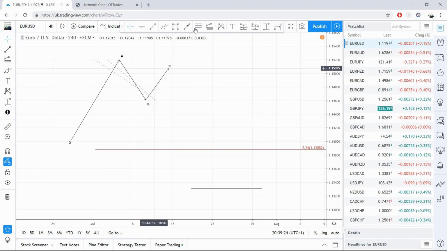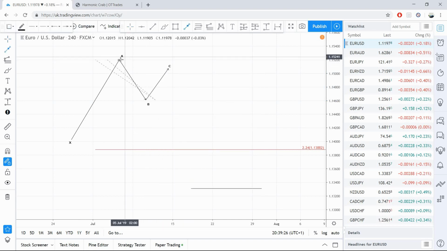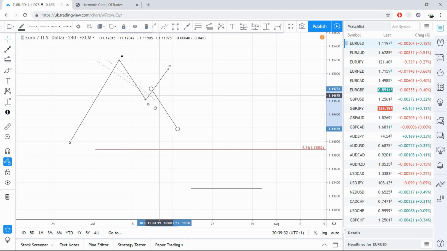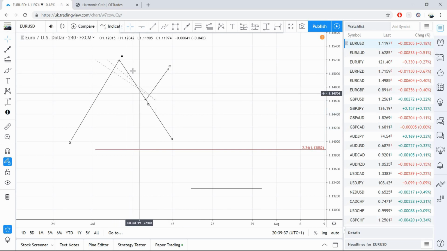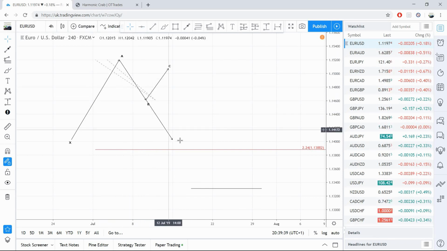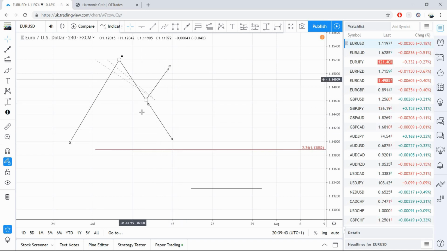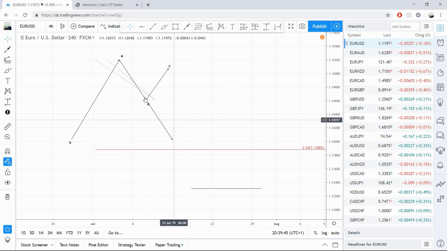So 224% move. I'm just going to copy this across. So that's 200, which is 2 of these A to B leg, plus 24% of one of the legs. So 224% move of that A to B leg.